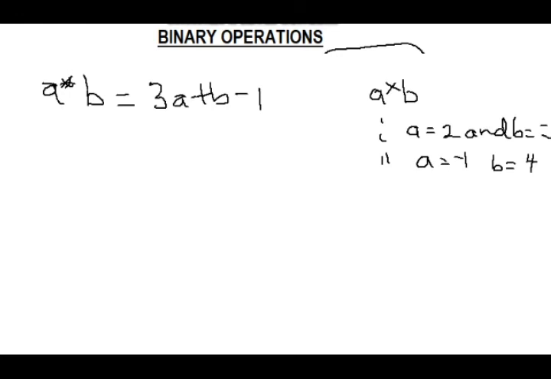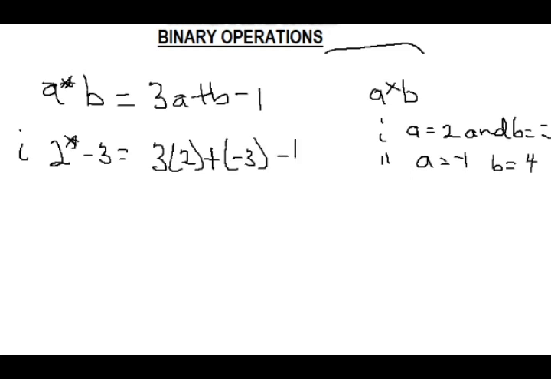So we know that for the I, our A is 2 and our B is minus 3. So what do we have to do? We have to fix in what the operation gives us. So we are going to get 3 bracket 2 bracket close plus bracket minus 3, minus 1.